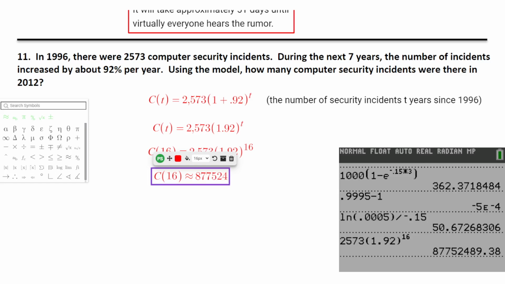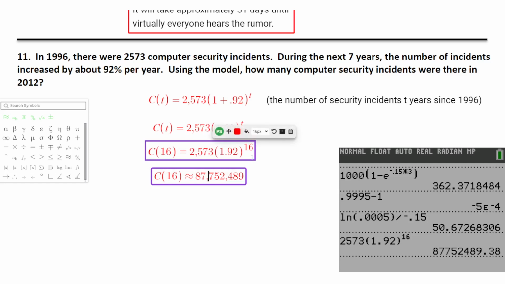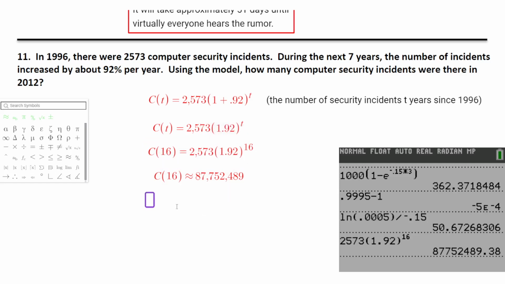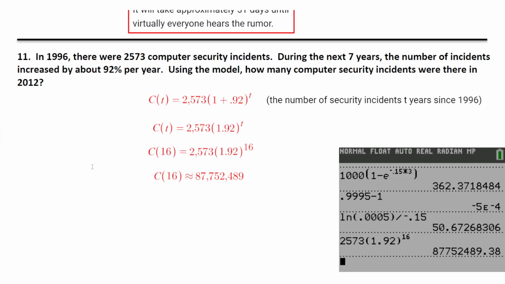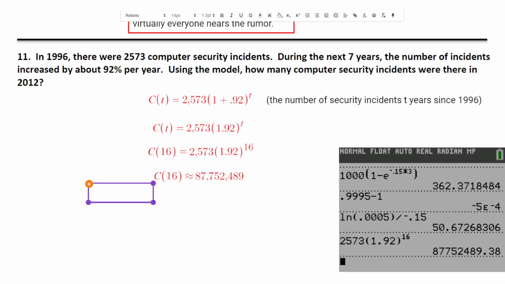Make sure I'm not missing a number here, 87752489. Okay, let's throw in some commas just to make this a little easier to read. 87,752,489. Wow.